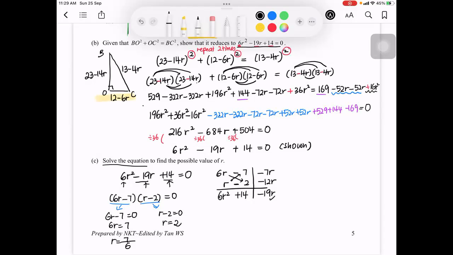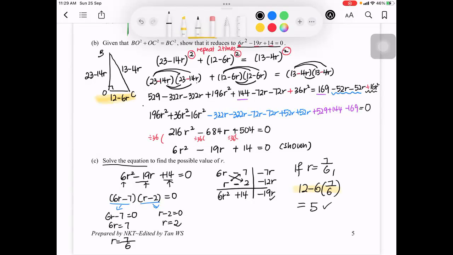Let us check. If R is equal to 7 over 6, this is 12 minus 6 times 7 over 6. I'm using the shorter side to check. My calculator gets 12 minus 6 times 7 over 6, which gives me a length of 5.